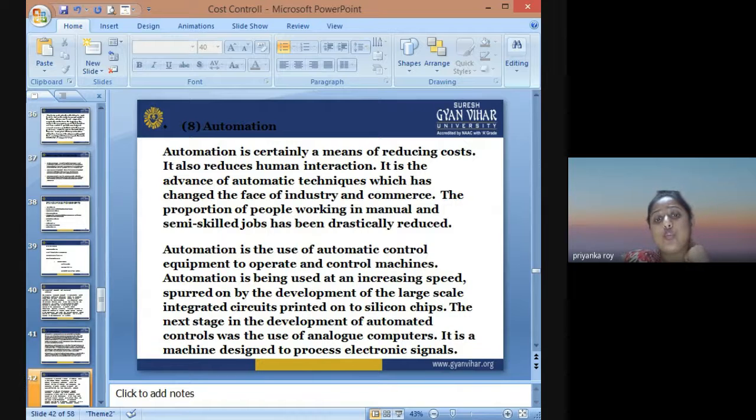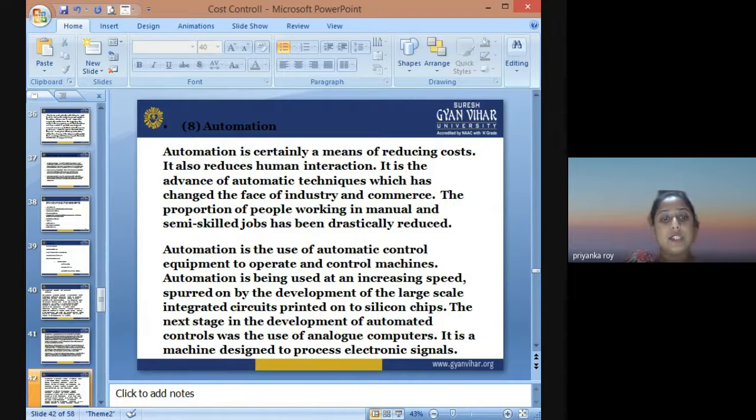Automation is the use of automatic control equipment to operate the control mechanism. Automation is being used at an increased speed, spurred by the development of large-scale integrated circuits printed onto silicon chips. The next stage is to develop automated control using analog computers.